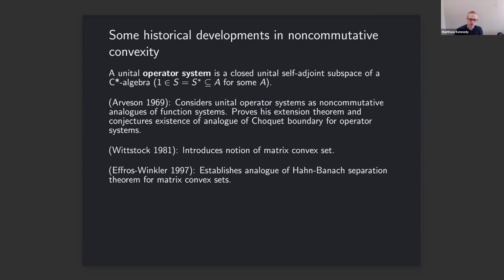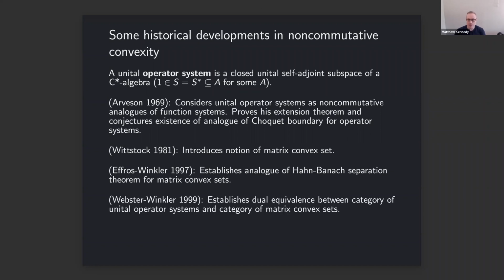Effros and Winkler, who was a student of Effros, returned to this notion of a matrix convex set, and they were able to establish an analog of the Hahn-Banach extension theorem for matrix convex sets. And this is actually quite a deep result.